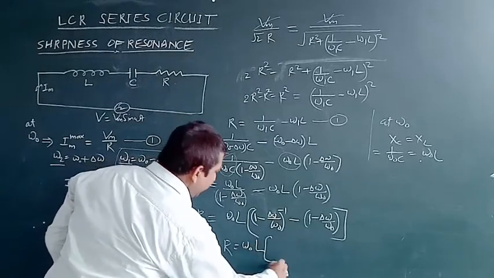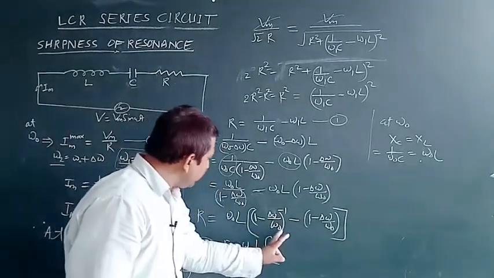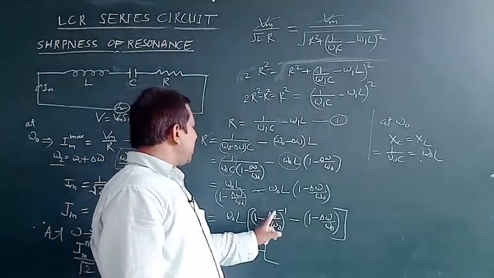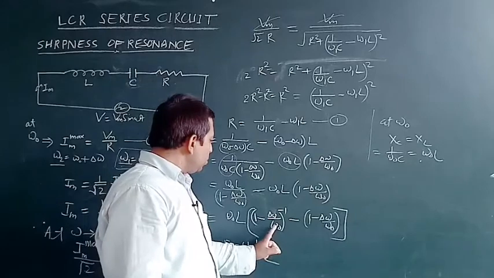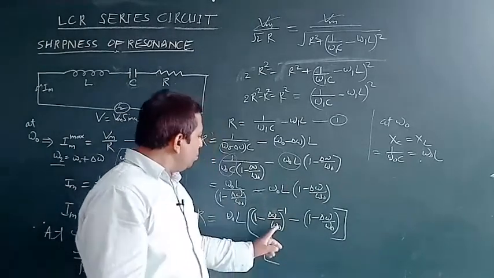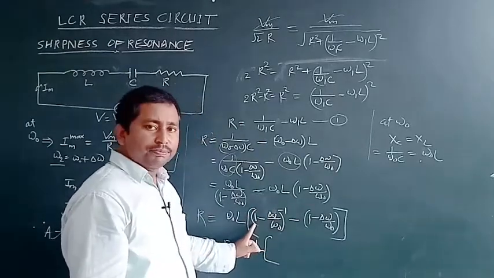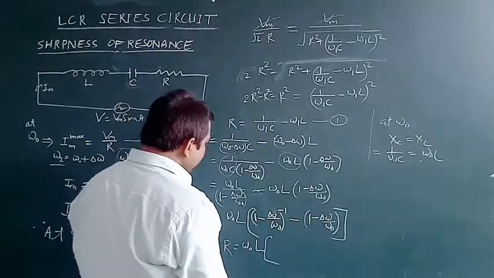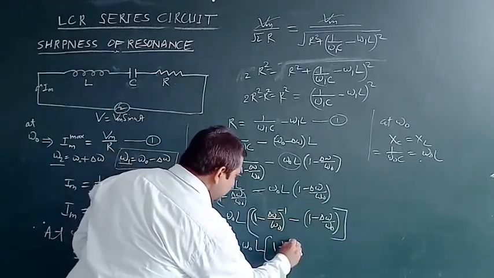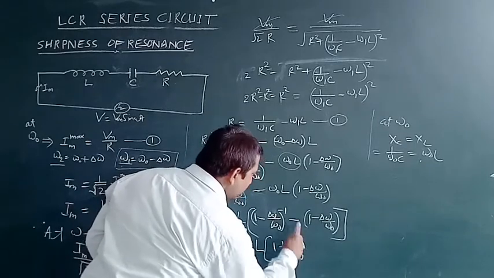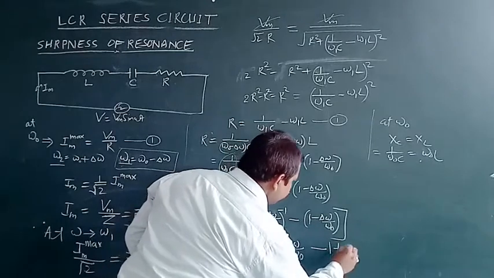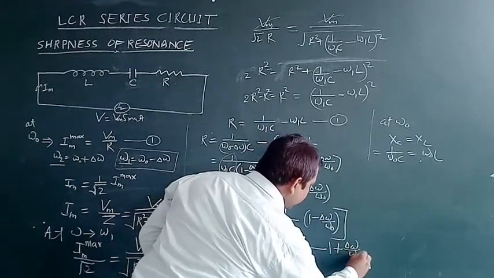Okay, so if we expand this term by binomial expansion, then we get, as delta omega is very small in comparison to omega naught, so the square and all other higher order terms will be negligible in comparison to 1. So we are omitting them here. Now this becomes 1 plus delta omega by omega naught, and from here minus 1 plus delta omega by omega naught.